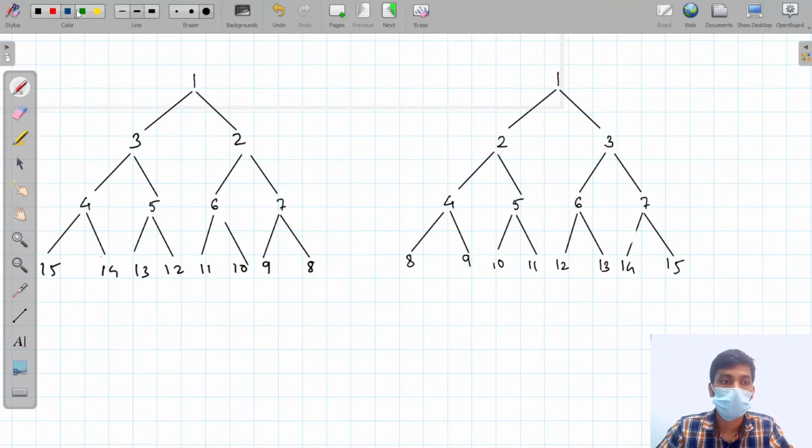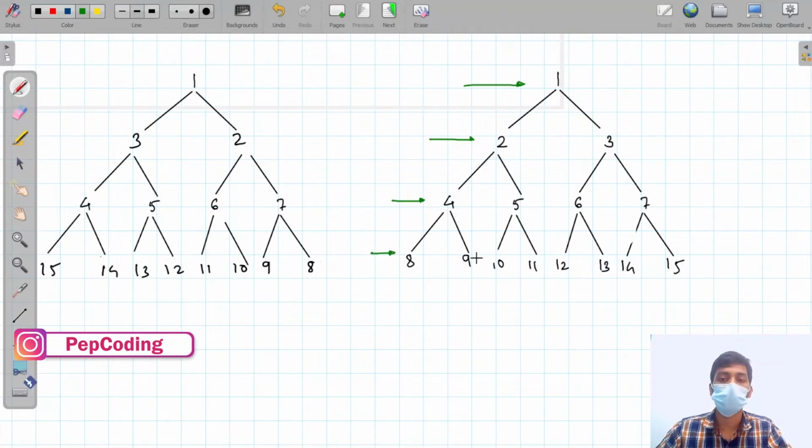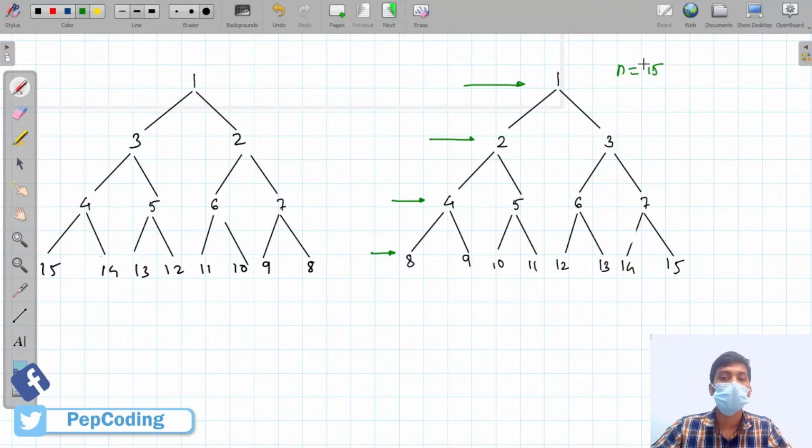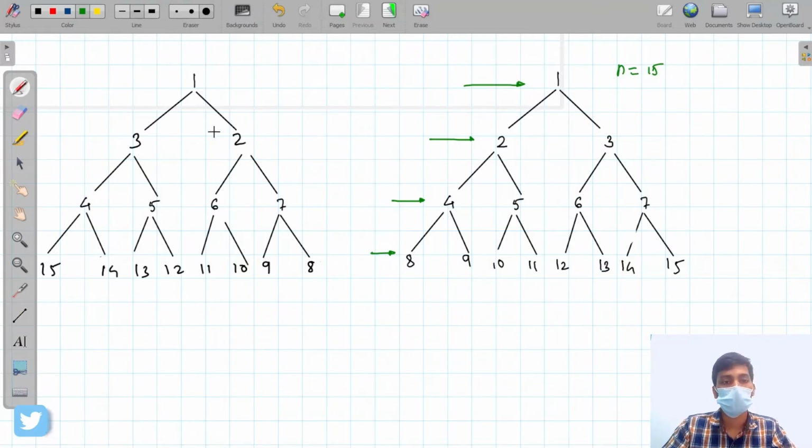If we see, this is a normal binary tree. If I make a complete binary tree, or infinite binary tree, for n equals 15, it is going to look something like this. This is also a complete binary tree and is also a labeled binary tree.